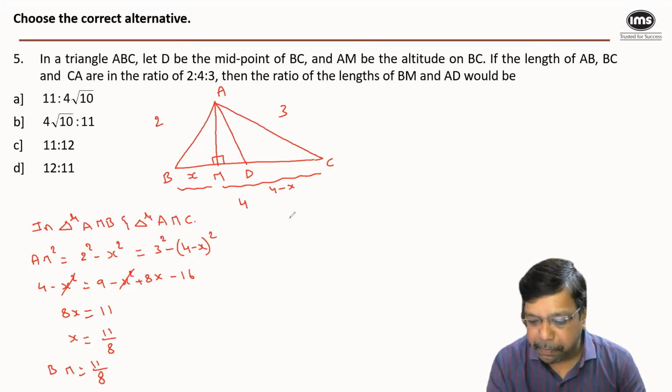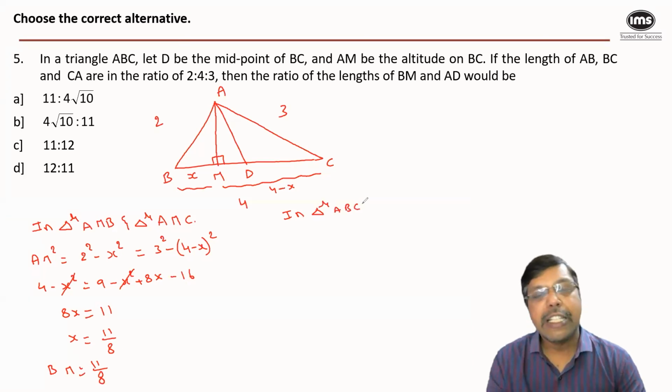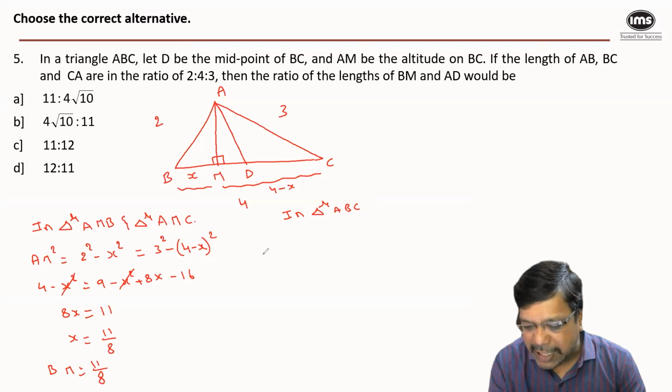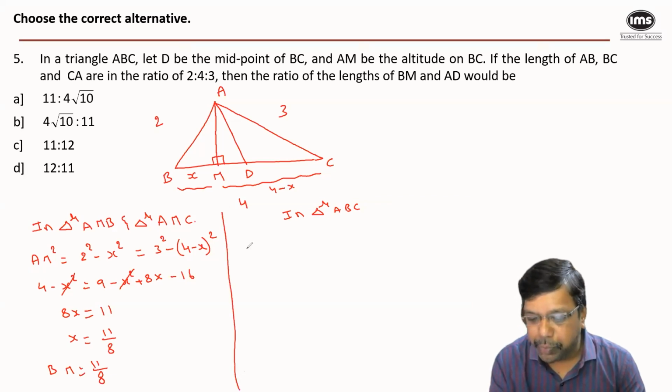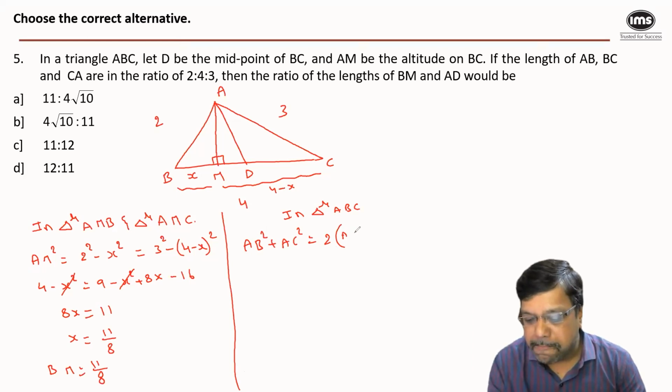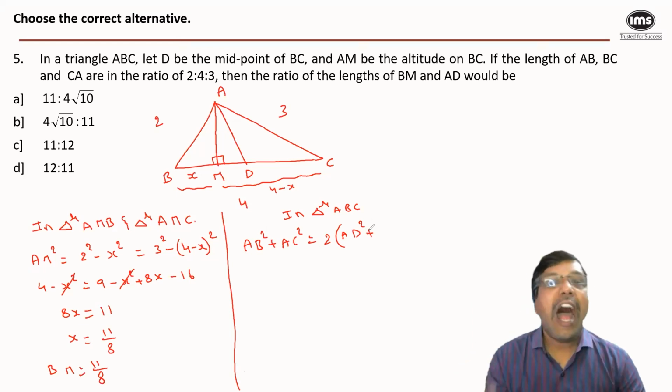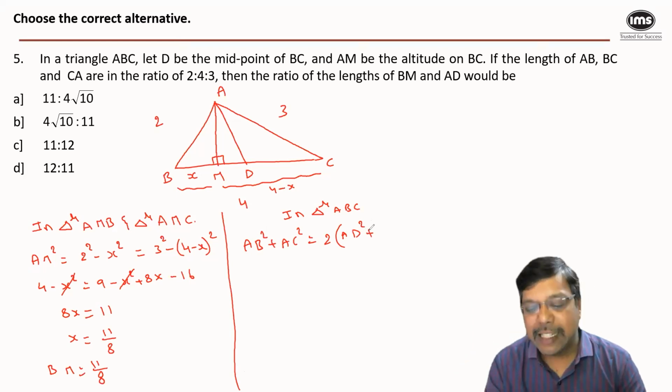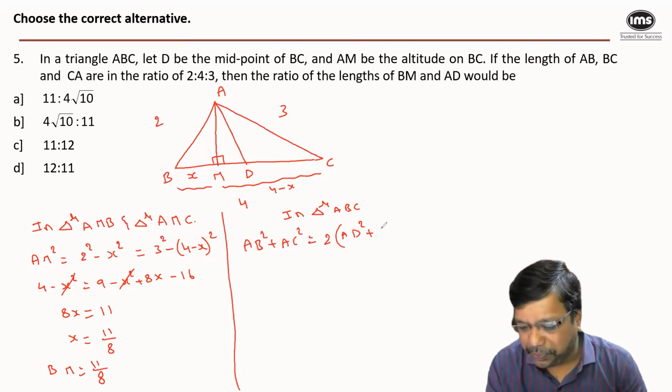It says in triangle ABC, the sum of squares of two adjacent sides, that is AB square plus AC square, is equal to 2 into the square of the median plus the square of half the opposite side. Now, since D is the midpoint, either I can take BD or DC.